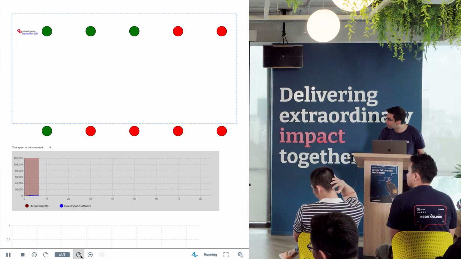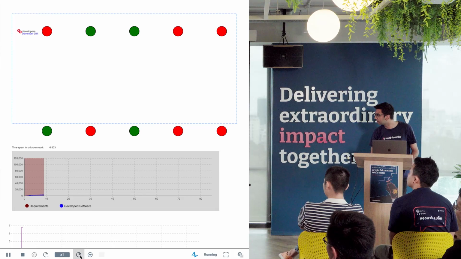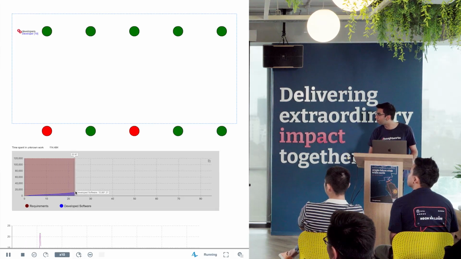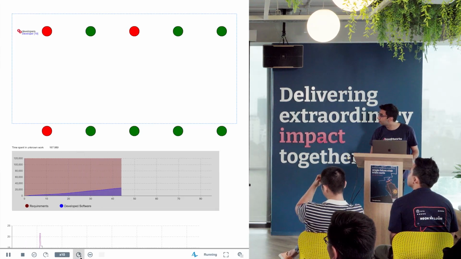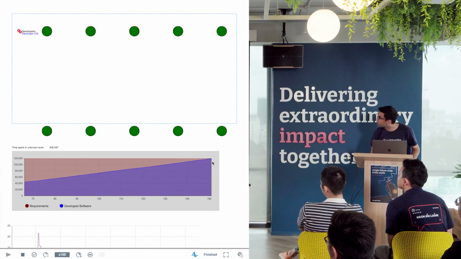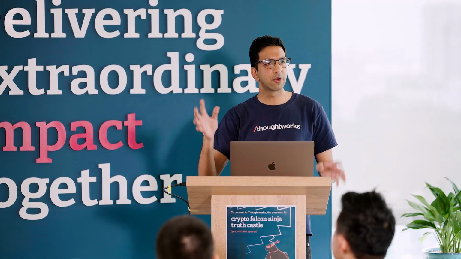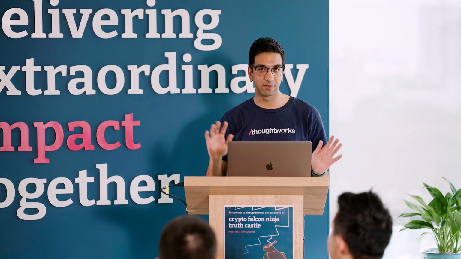So if I just speed it up a little bit, you see that initially the team goes slow, then it picks up pace because the reds last less and less, and the team manages to deliver the work in around 150 days for 10 developers, and they spend around 300 man days doing unplanned work. So this accounts for about 20% of the time of the project spent in unplanned work, which, at least in my experience, is a very conservative estimate.